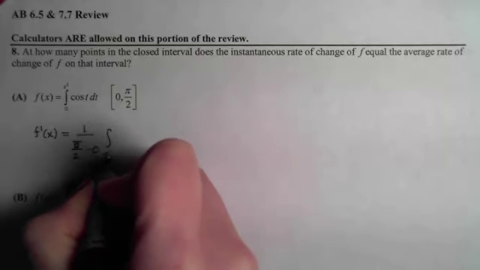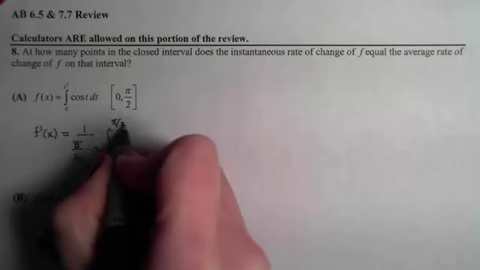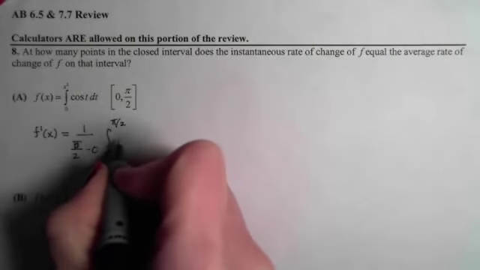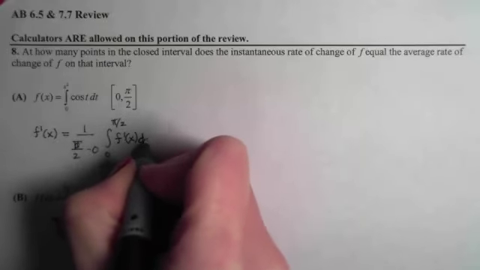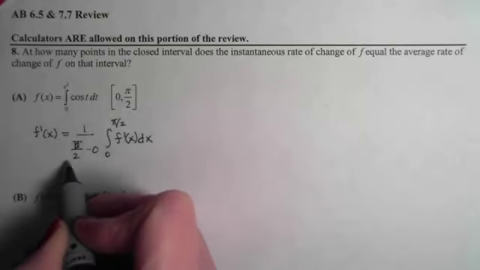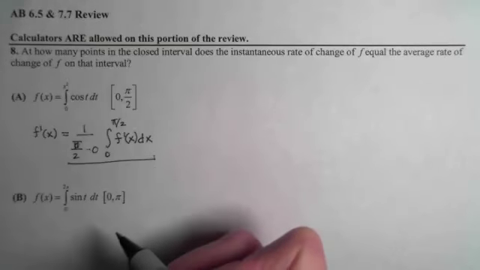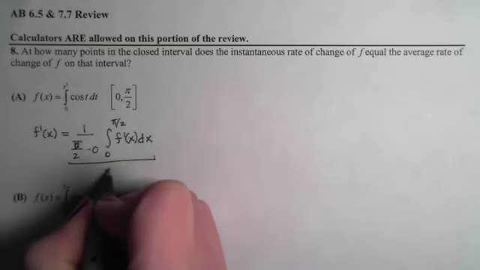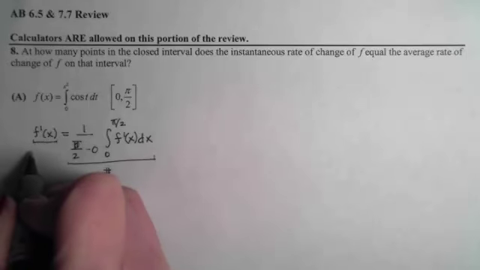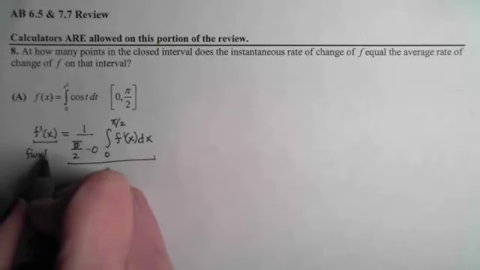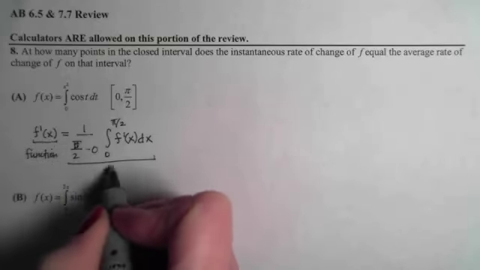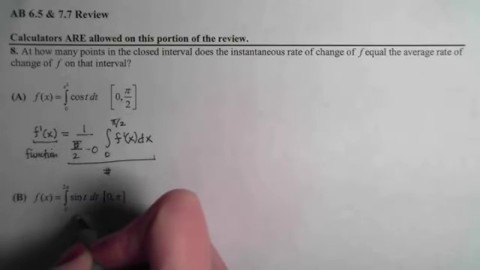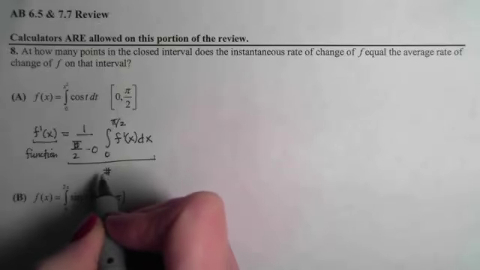That means inside here, because I want the average rate of change, I need to have the rate of change inside the integral. So this is going to represent a number, and this is going to be a function. We're going to graph this function and this number, make sure our window will show us this number, and then count how many times they cross each other.